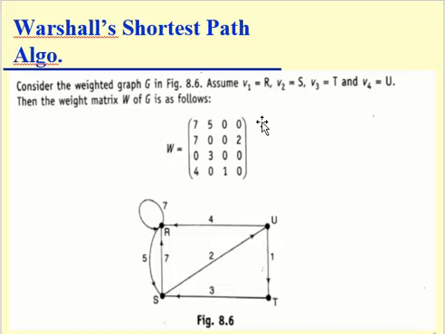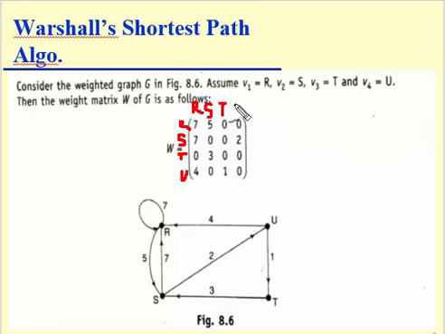This is similar to an adjacency matrix, but instead of putting 1, you have to put the weight. Suppose it had been an adjacency matrix. This is your R, this is your S, this is T, and this is your U. Similarly here, this is your R, S, T and U.